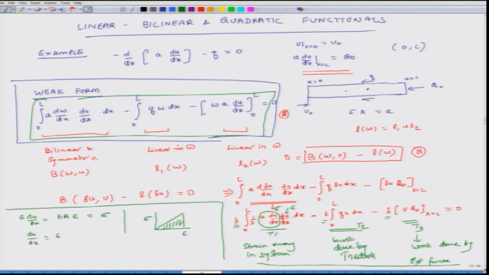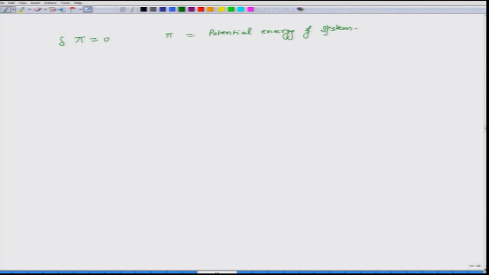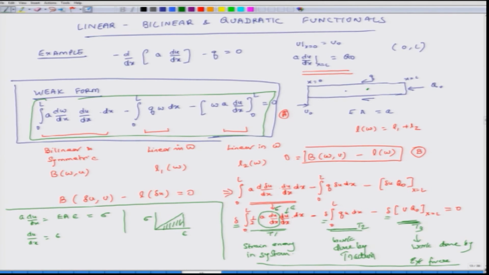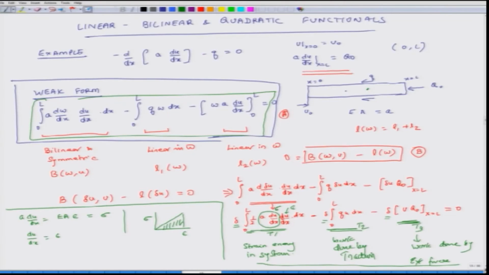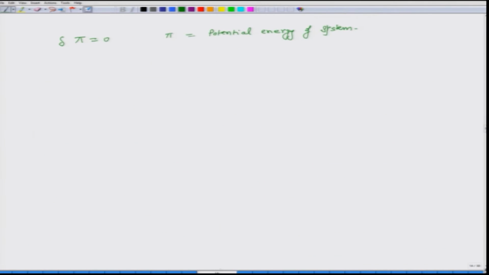So, the potential energy of the system is basically the sum of T1, T2 and T3. The potential energy pi represents T1, and T1 includes the integral, it is not just at a point, it is the integral of all the small amounts of potential energies due to strain, potential energy due to traction and due to external force, right. So, it is a total integral quantity. So, it represents the total potential energy in the system.